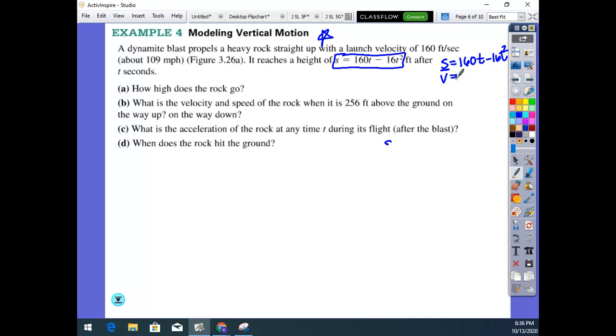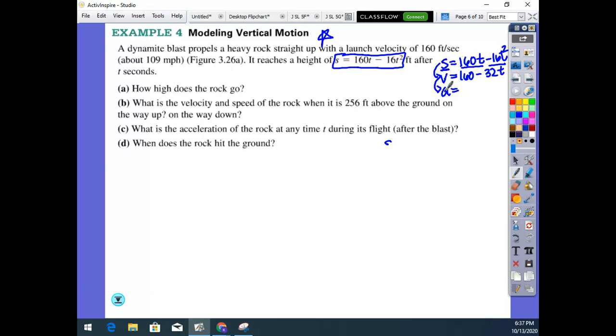V is the velocity of the motion, so that's the derivative of this S function. What's the derivative of 160t? 160. What's the derivative of negative 16t squared? Negative 32t. A, what's the derivative? Each time I'm going to take the derivative, SVA.